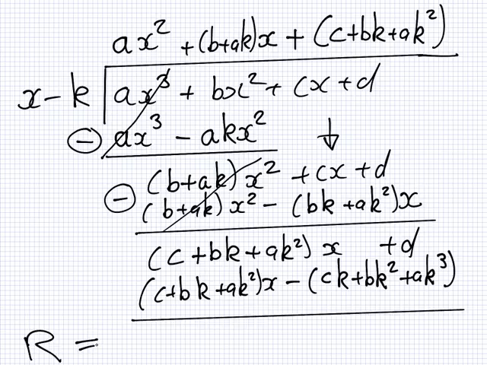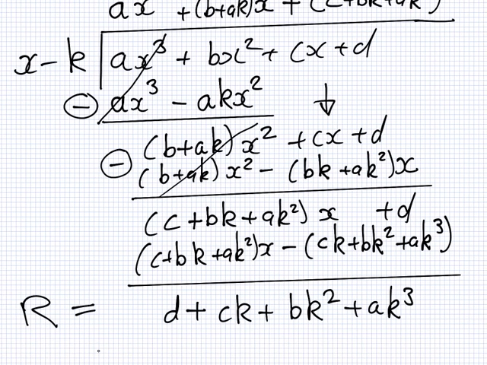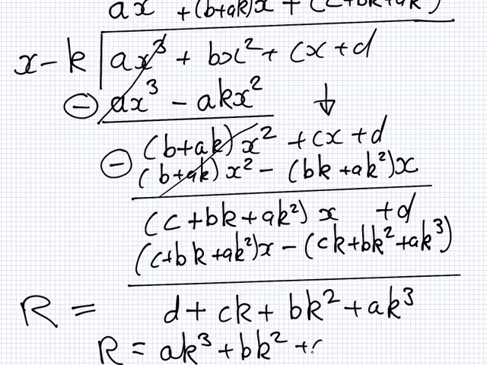So the remainder equals d plus ck plus bk squared plus ak cubed. Or in other words, the remainder formula is ak cubed plus bk squared plus ck plus d, which is kind of a long formula, but if you look at it carefully, you can see it looks familiar.